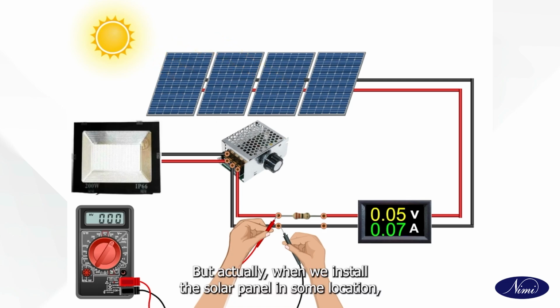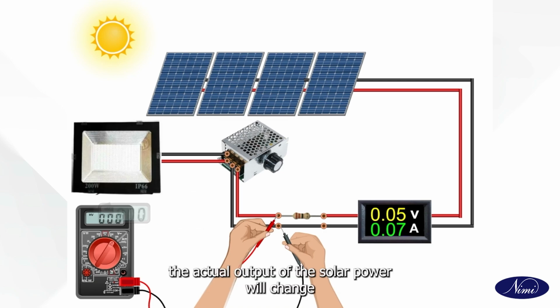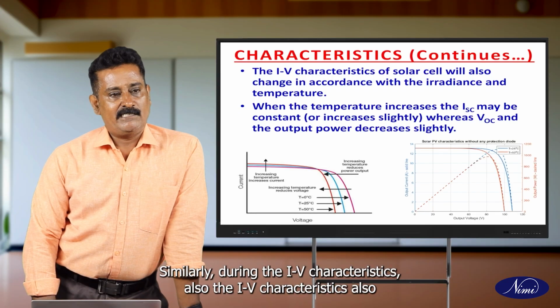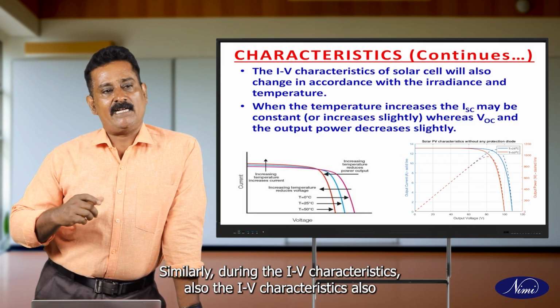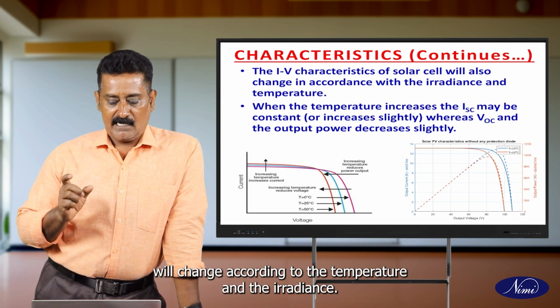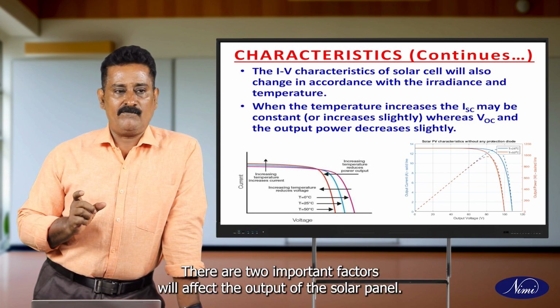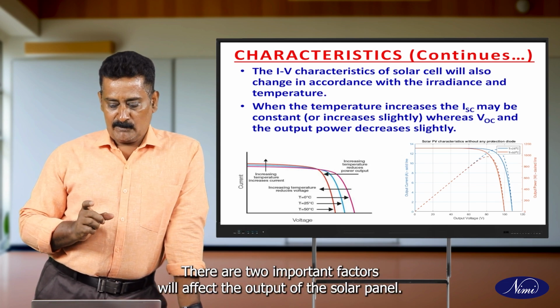But actually, when we install the solar panel in some location, the actual output of the solar panel will change depending upon the temperature and irradiance. Similarly, the IV characteristics also will change according to the temperature and irradiance. There are two important factors that affect the output of the solar panel.